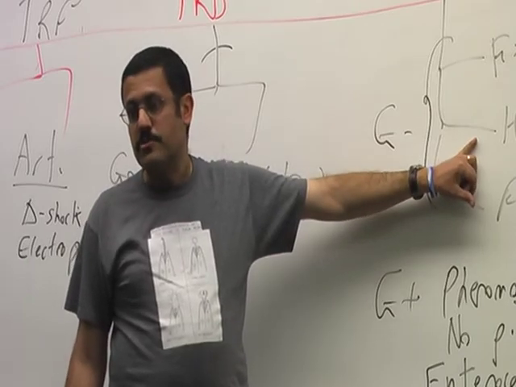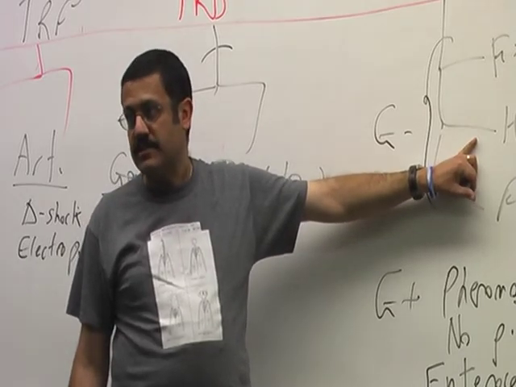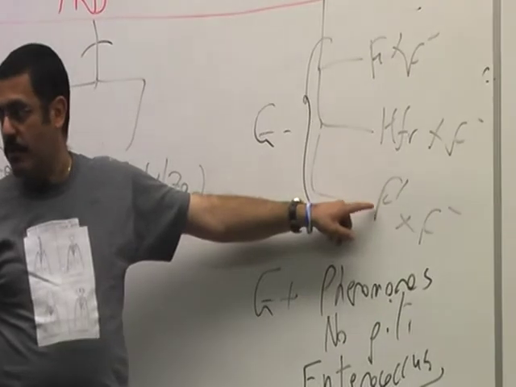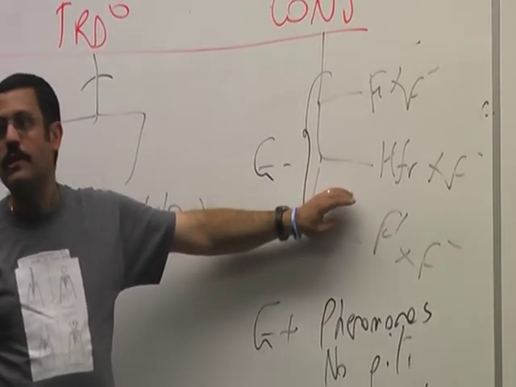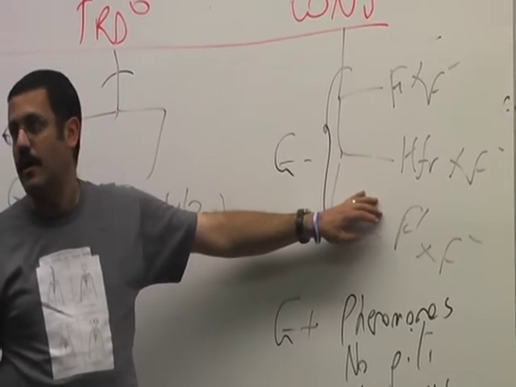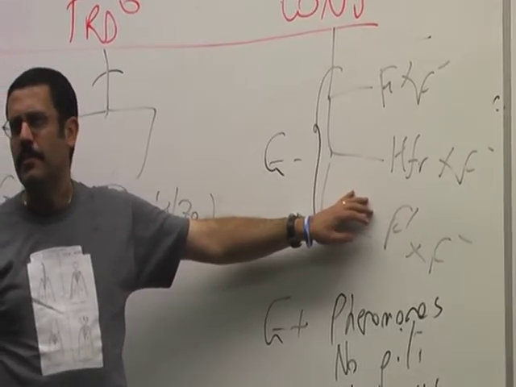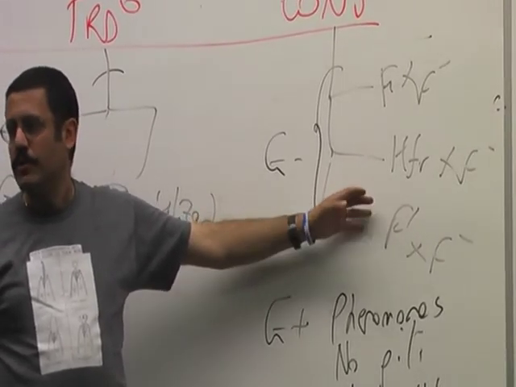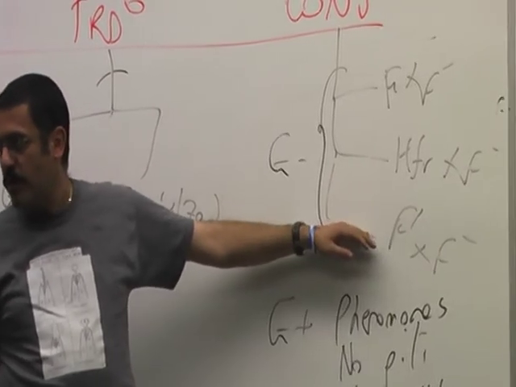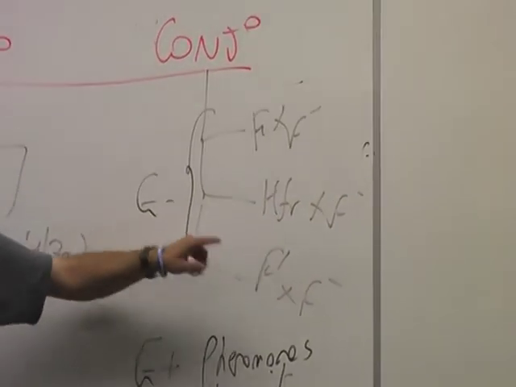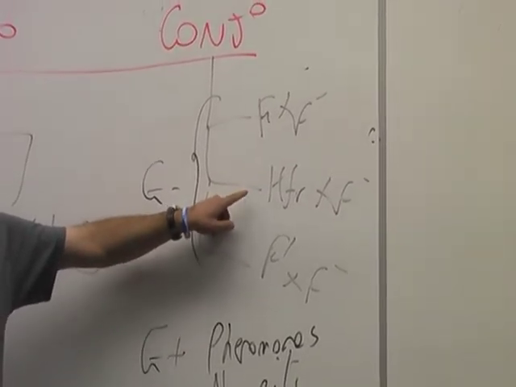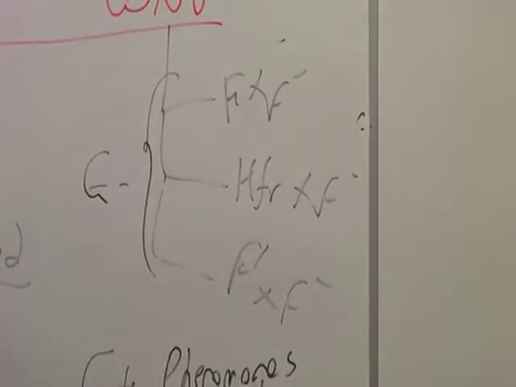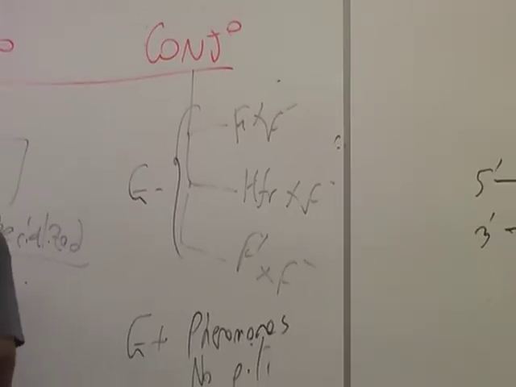Which one transfers chromosomal DNA and changes the sex? Only the bottom one, because the middle one does not change the sex. Which one creates a permanent, long-term merodiploid or merozygote? The bottom one. Which one, true or false, creates a temporary diploid, the middle one? True, right? Because only for a small amount of time, and then it gets to recombine.